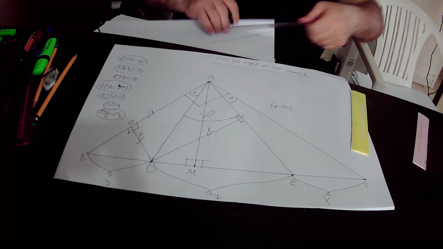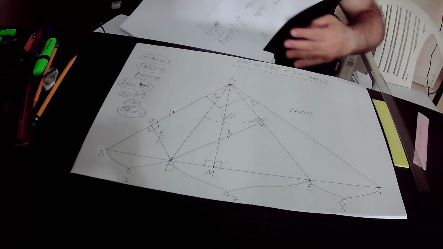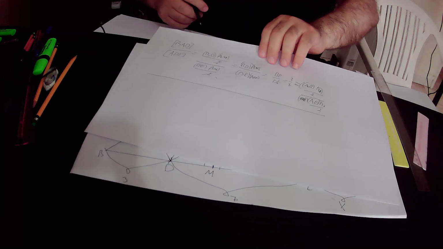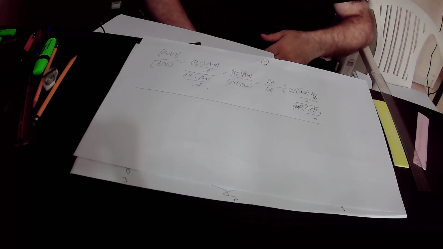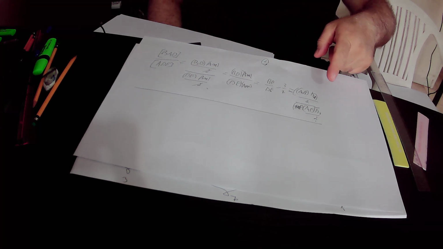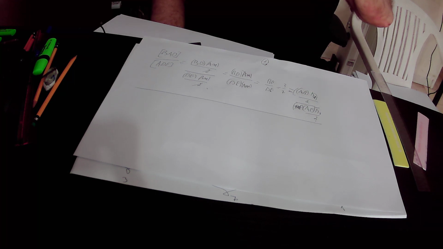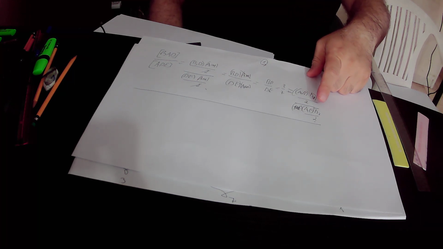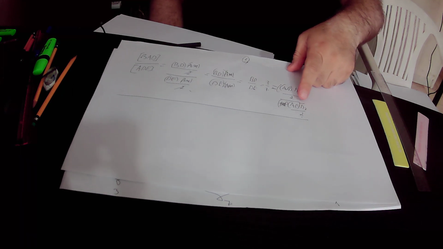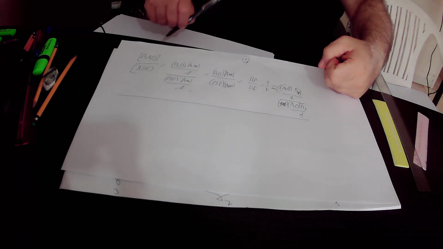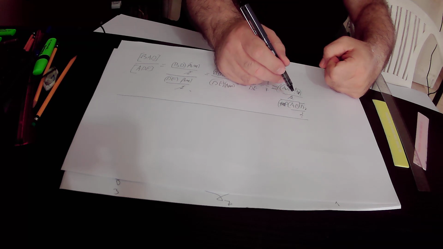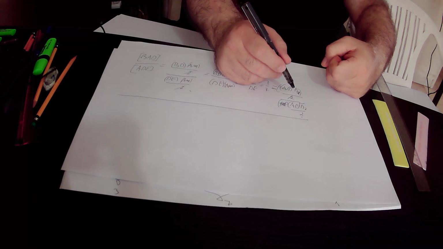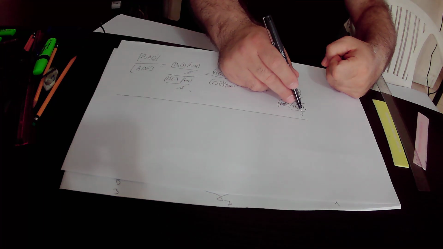I will repeat again. The area of triangle AED will be equal to the base AE times the height to the base, that is H2, over 2. So here we have 2 in the numerator and 2 in the denominator, so 2 will get cancelled. And what is left from this expression after we cancel 2?